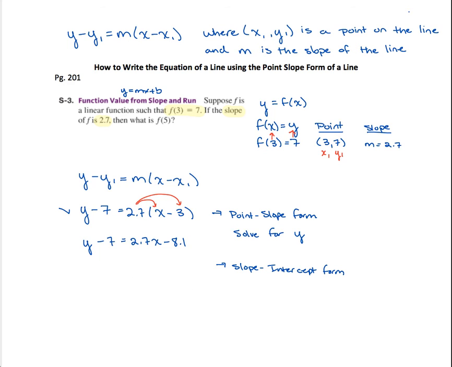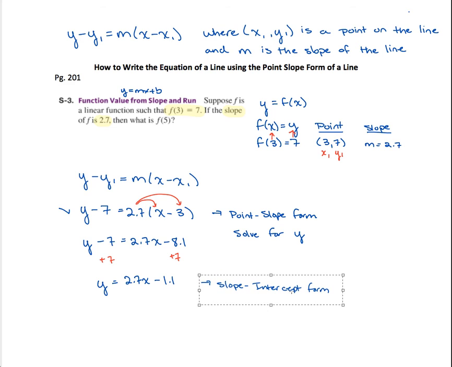Okay, and then now I'm going to add 7 to both sides to solve for y. So on the left-hand side here, I've got y is equal to 2.7x minus 1.1. So this is the equation of our line written in slope-intercept form.